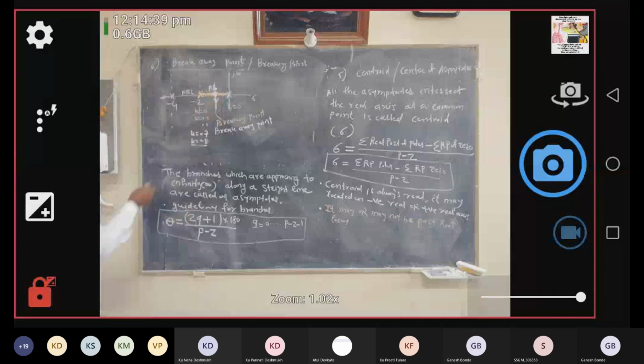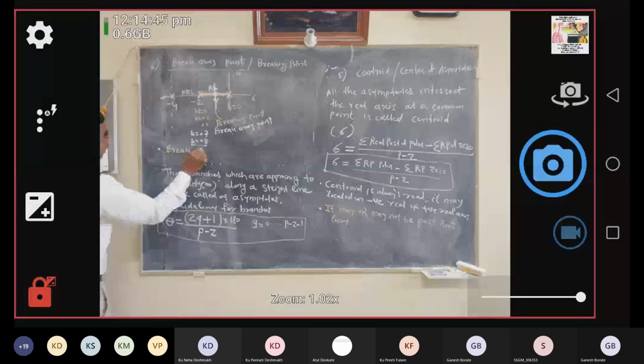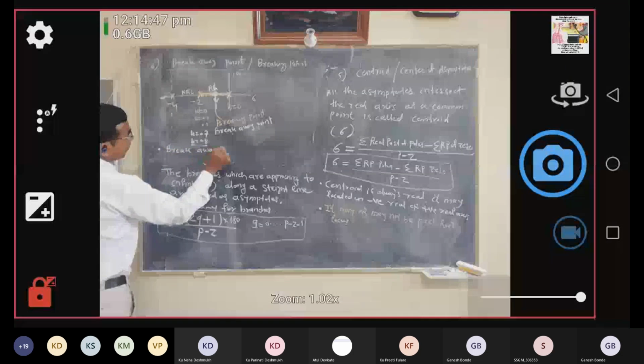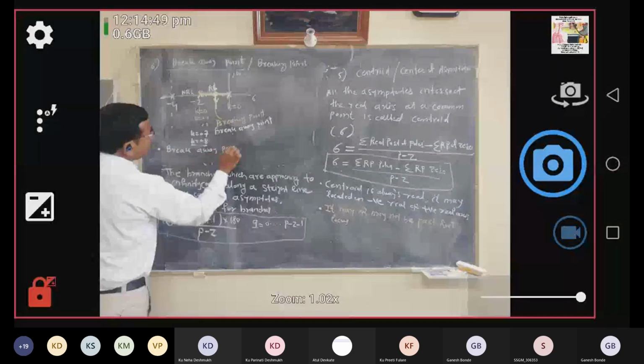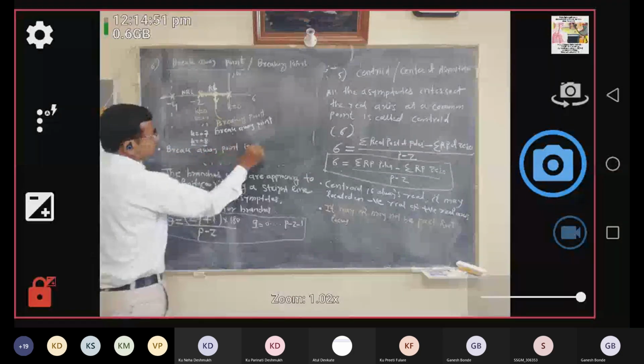Okay, so here is the existence of the breakaway point. You just note down: breakaway point always exists in two open loop poles, consecutive open loop poles.